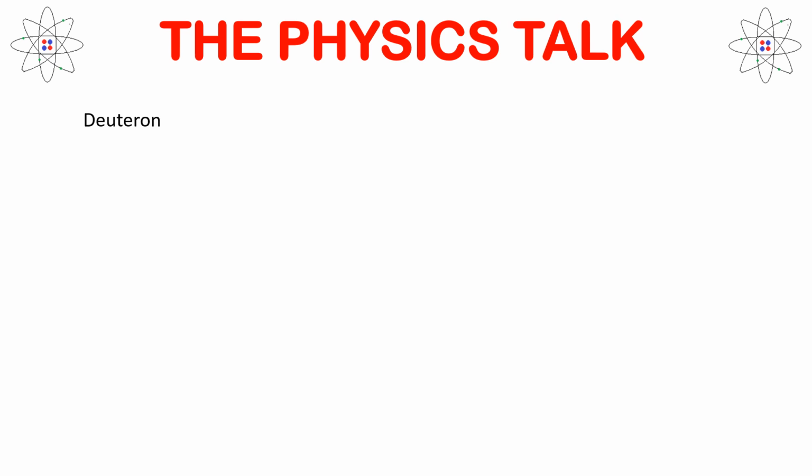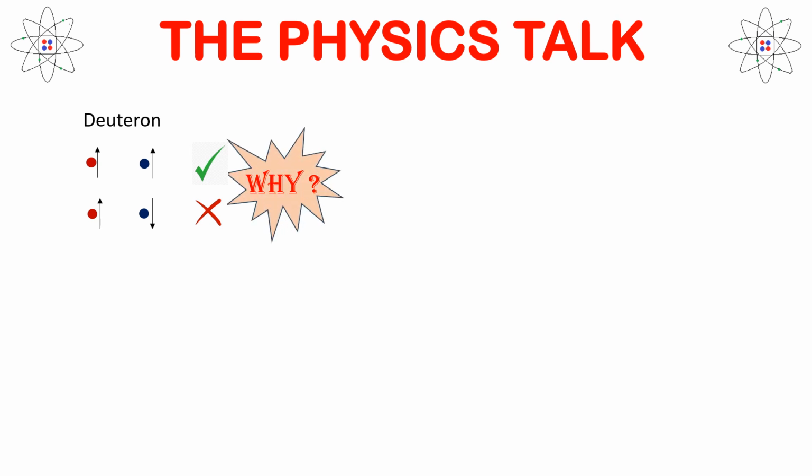This result shows with certainty that in deuteron, the spins of both the proton and neutron are always parallel and never antiparallel. Naturally, the question arises why these particles always have parallel and never antiparallel spins inside a deuteron.